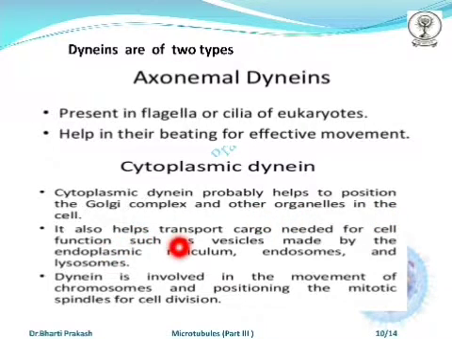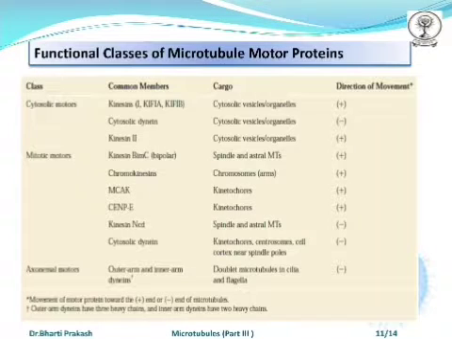They also help in transporting cargo needed for cell function, such as the vesicles made by the endoplasmic reticulum, the endosomes and lysosomes. They are also involved in the movement of chromosomes and positioning the mitotic spindles during cell division.